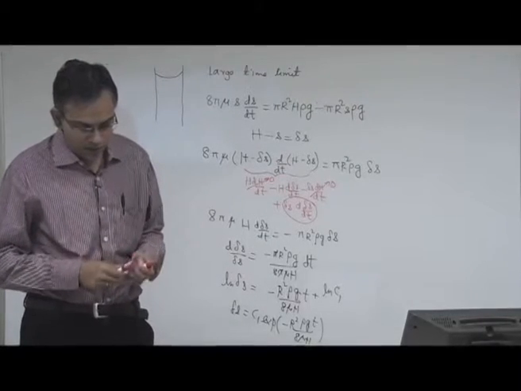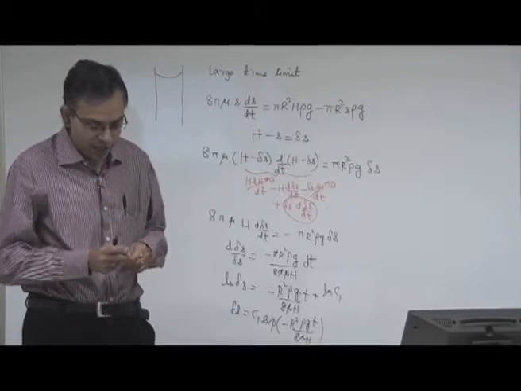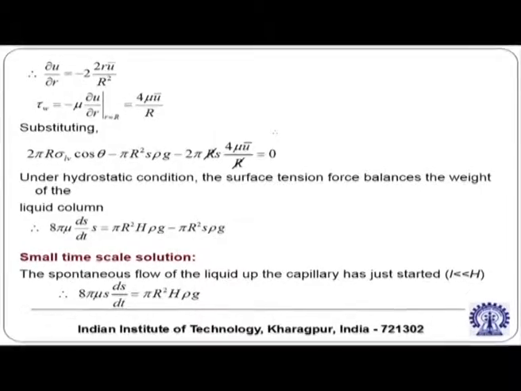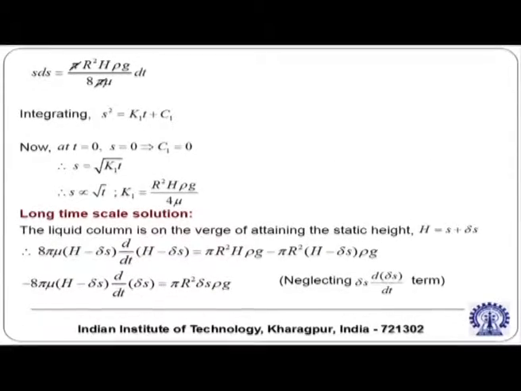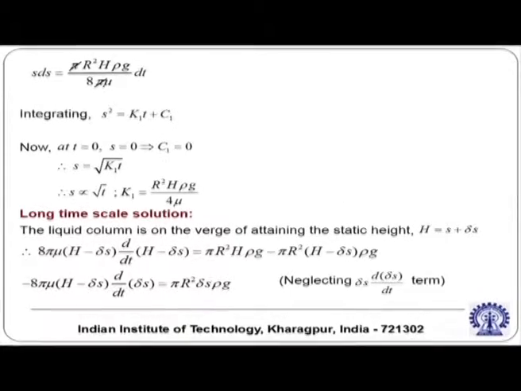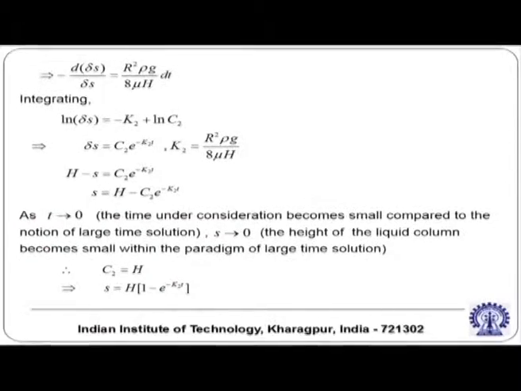We will summarize this discussion on the large time limit through the slides. So let us go to the slides. In the slides maybe there is a different notation, instead of C1 it is C2 that is used, but the form is pretty clear.